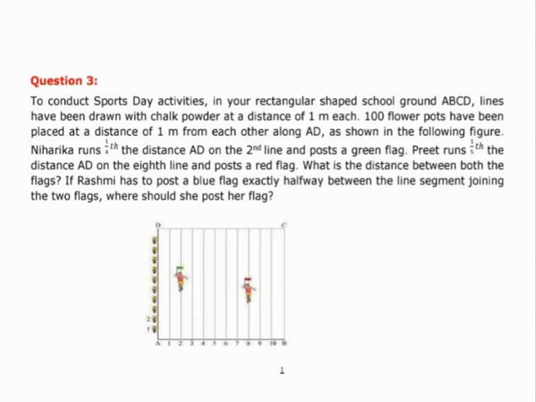Now first of all, understand the coordinates. For the first person Niharika, the x coordinate is 2 because she is running in the second row, and we have to find the y coordinate. It is given that she runs 1/4 of the distance AD, and AD distance is 100 meters. For the second person Preet, he runs in the 8th row, so the x coordinate will be 8.